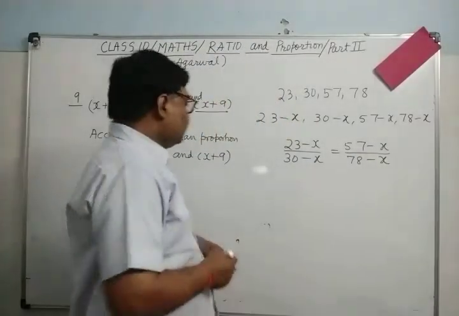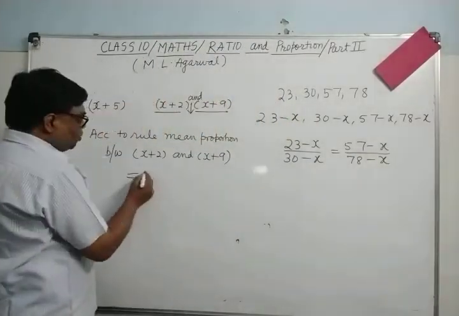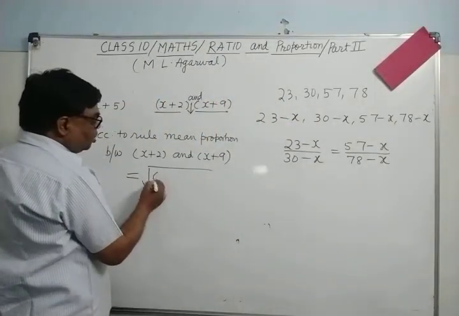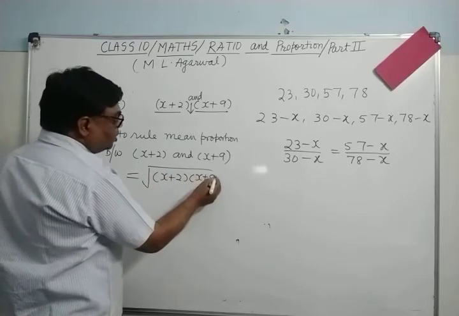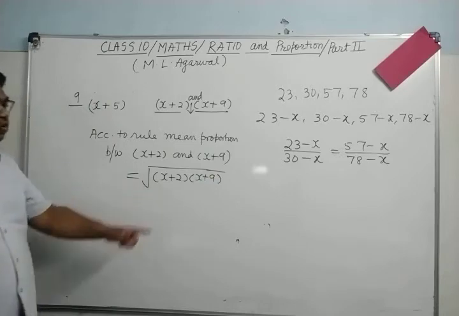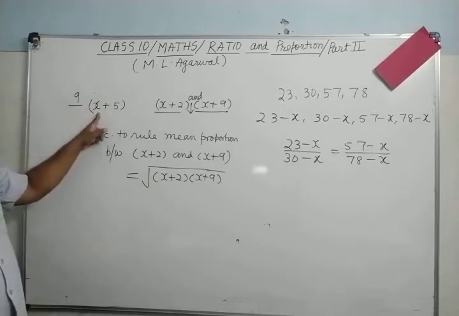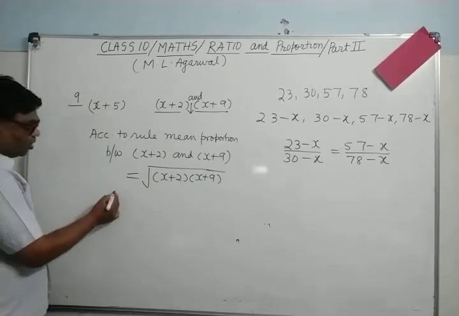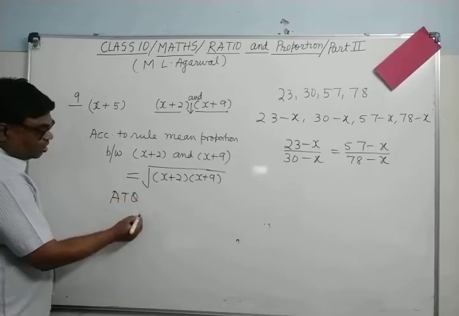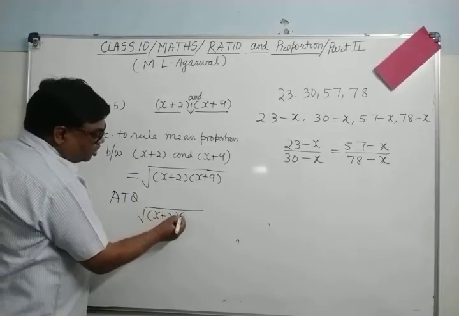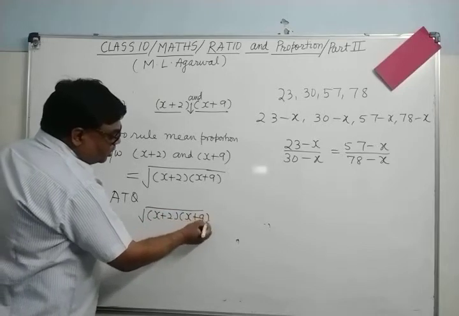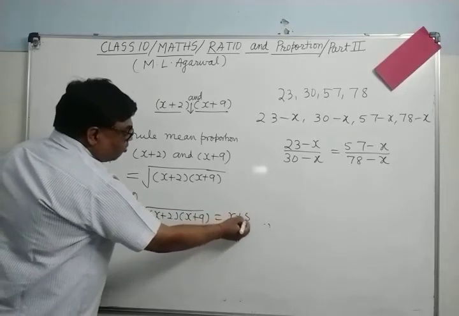So it will be the square root of (x plus 2)(x plus 9). According to the question, this equals x plus 5.